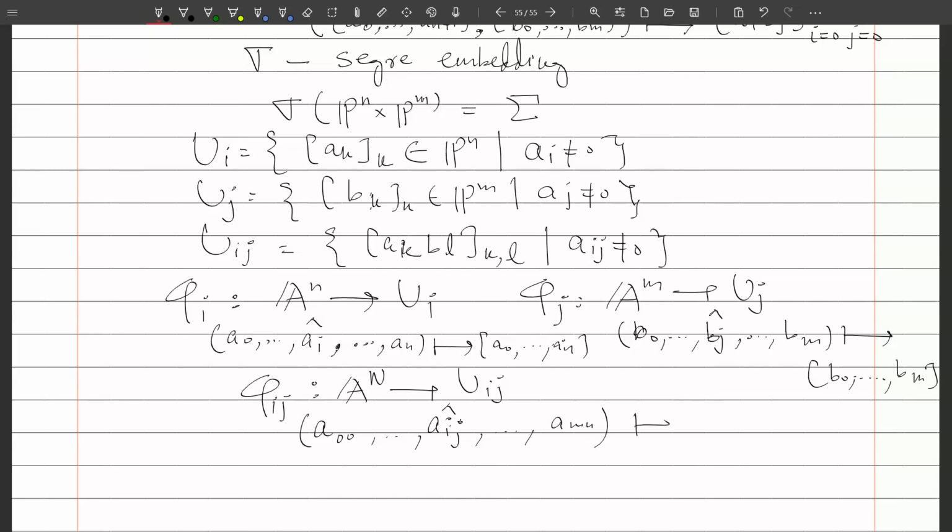It takes this point to the vector aij, where i and j run from 0 to n and 0 to m respectively.